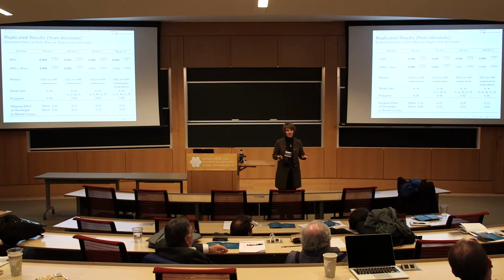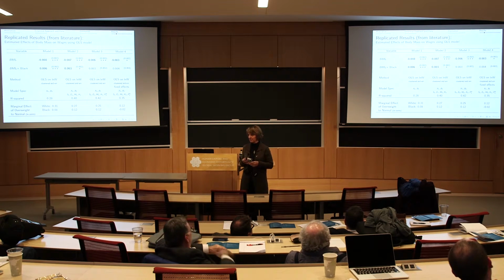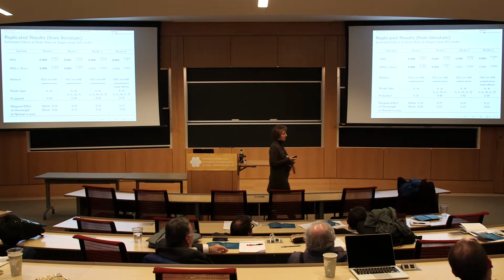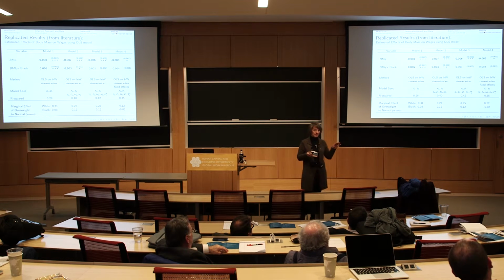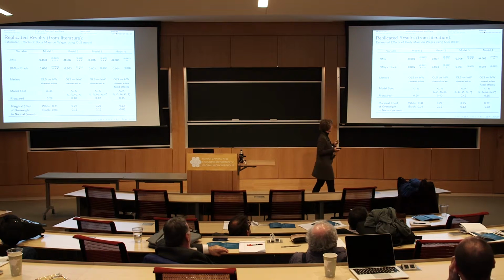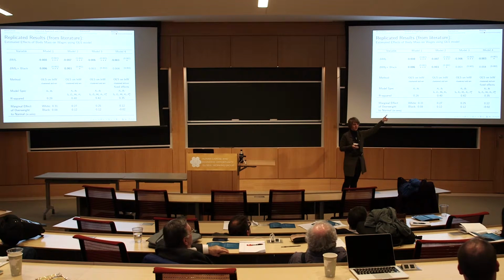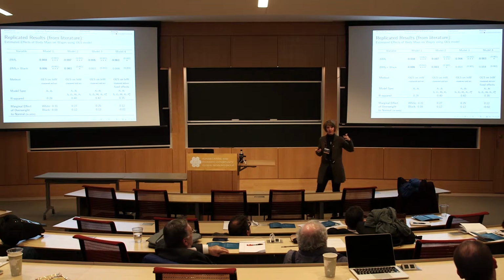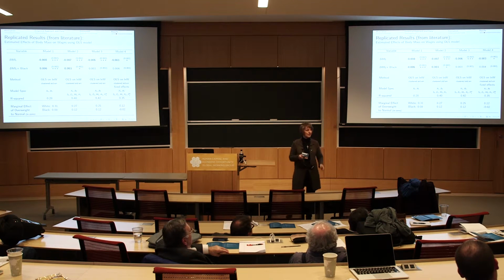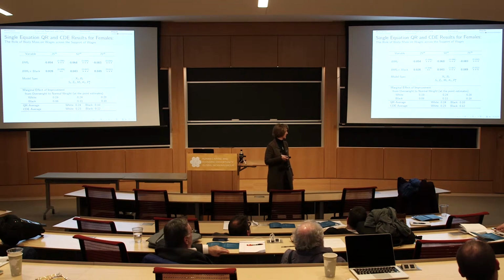But when we estimate the model with fixed effects, which we can think about as the permanent unobserved heterogeneity of individuals, the point estimates of the marginal effect fall considerably. They're still significant for white women at the 10% level, but not significant for black women. And that's very consistent with what we see in the literature on this subject.